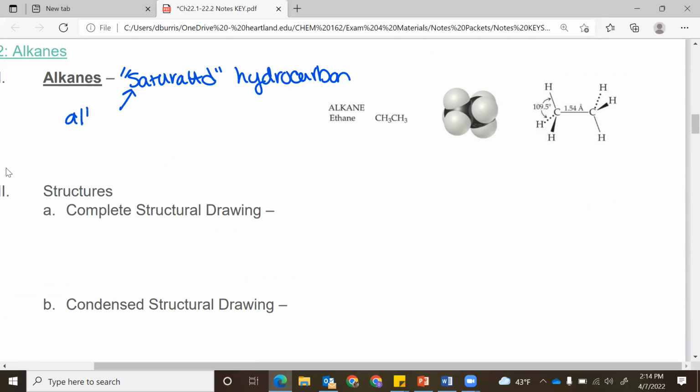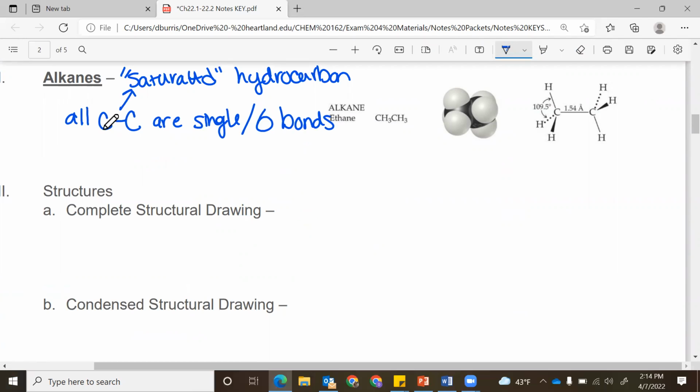So all carbon bonds are single, which are also considered sigma bonds. If you think back to 161, you got sigma and pi bonds. A sigma bond is just a single bond. We were talking about hybridization earlier. That's where that comes from. So all of the carbons are single bonds, and hydrogen can't make a double bond ever.